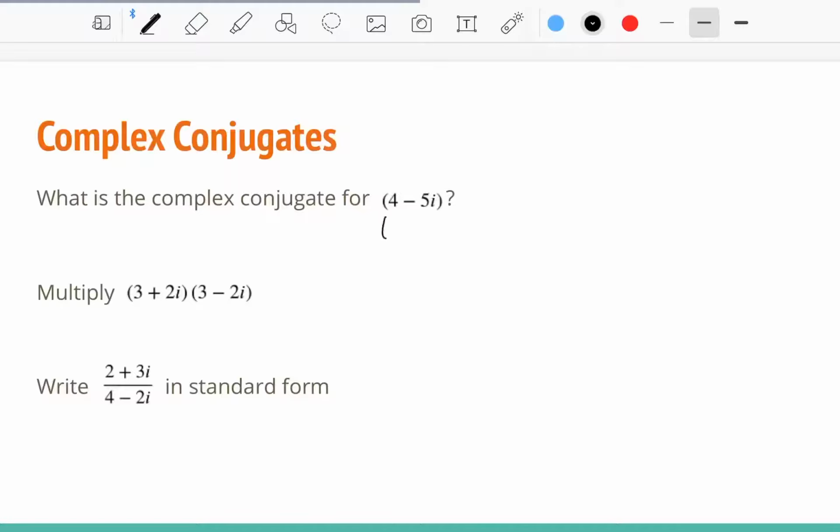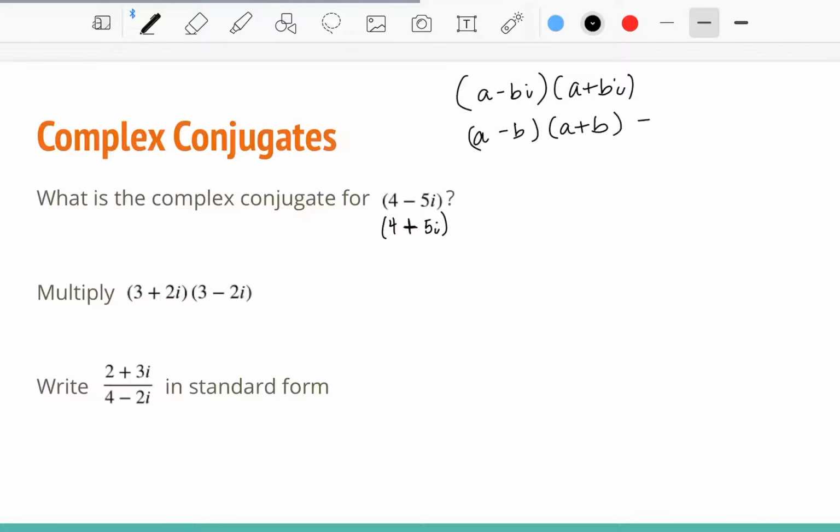I'm going to keep the numbers, but I am changing the sign of the imaginary part. So I'm changing from a negative to positive. If I was originally given a positive, I would give a negative. And so we can recognize here we have a minus bi and a plus bi. So similar to that problem we did in class, where we were looking at a difference of squares.